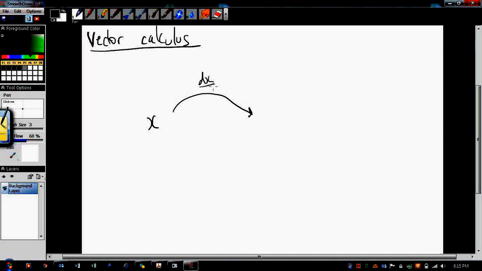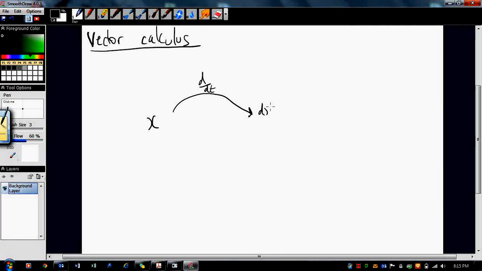So here we go. Let's go back a step. If you remember, in kinematics we talked about x as position. x is our position, and what we could do is differentiate x with respect to time, d/dt.